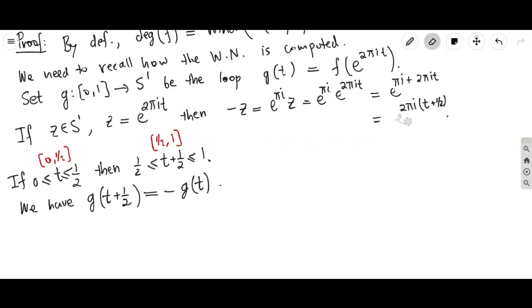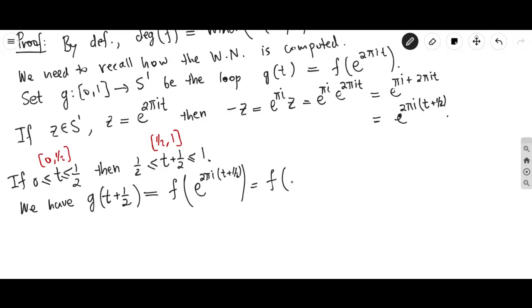Right? So what is this? Well, to write it out a little bit more carefully, g of t plus 1/2 would be f of e to the 2 pi i (t plus 1/2).